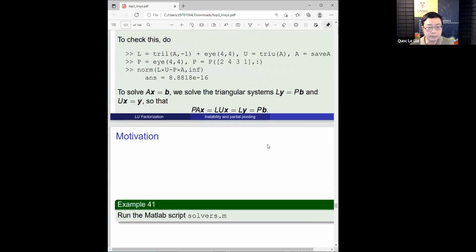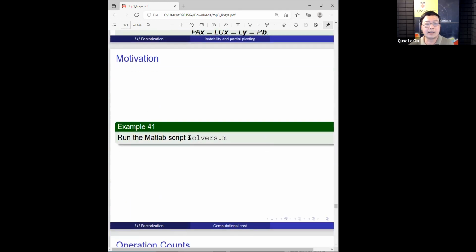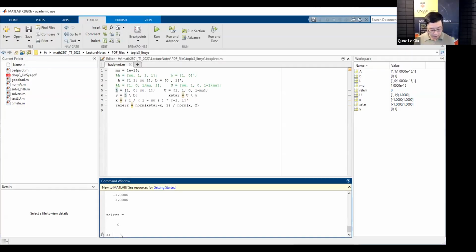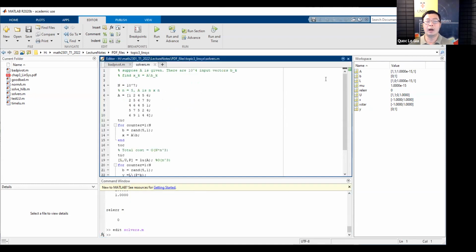So this is just a simple example showing how you compute the LU factorization. Now remember last time I showed you this script already, so I can show you again. Why bother to study LU factorization? Because LU factorization makes it faster when you try to solve many linear systems.